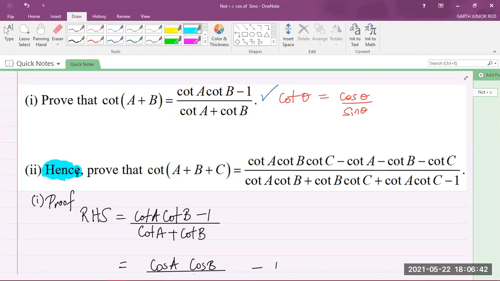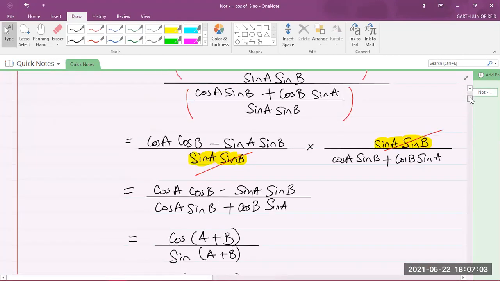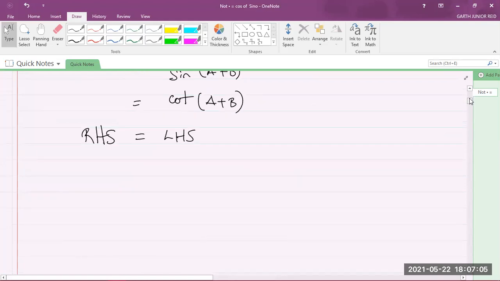So I will have to use what I have proved previously, which is the cot of A plus B, in order to prove the cot of A plus B plus C. That is what we have to do here. So let's do part 2 of the proof here. I'm going to write it down here. So part 2, proof.